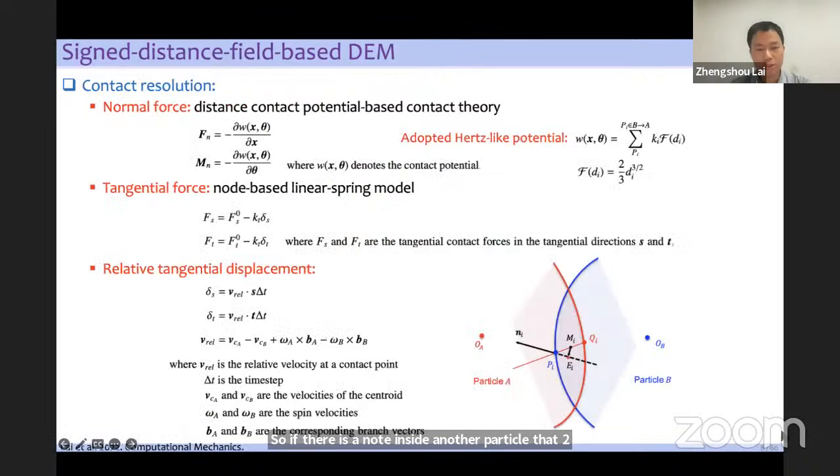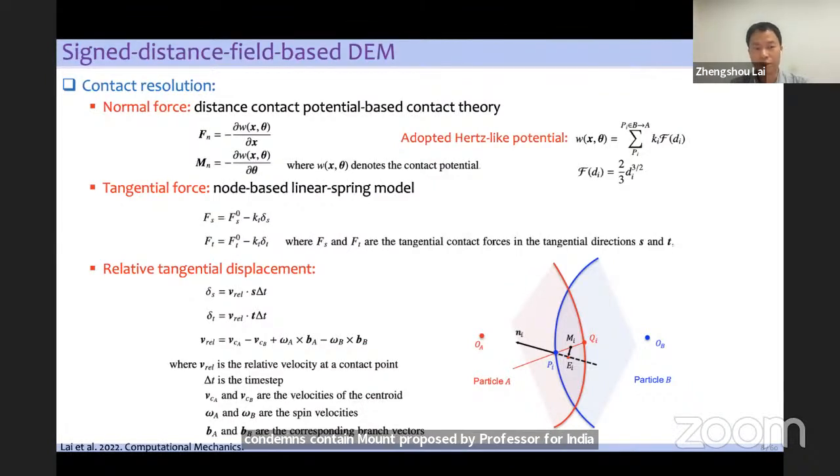Once two particles are identified to be in contact, we need to calculate the contact geometries. Here we define a contact force at every intruding point. For the normal contact force, we adopt the energy-conserving contact model proposed by Professor Feng Yingtian to evaluate the normal force.